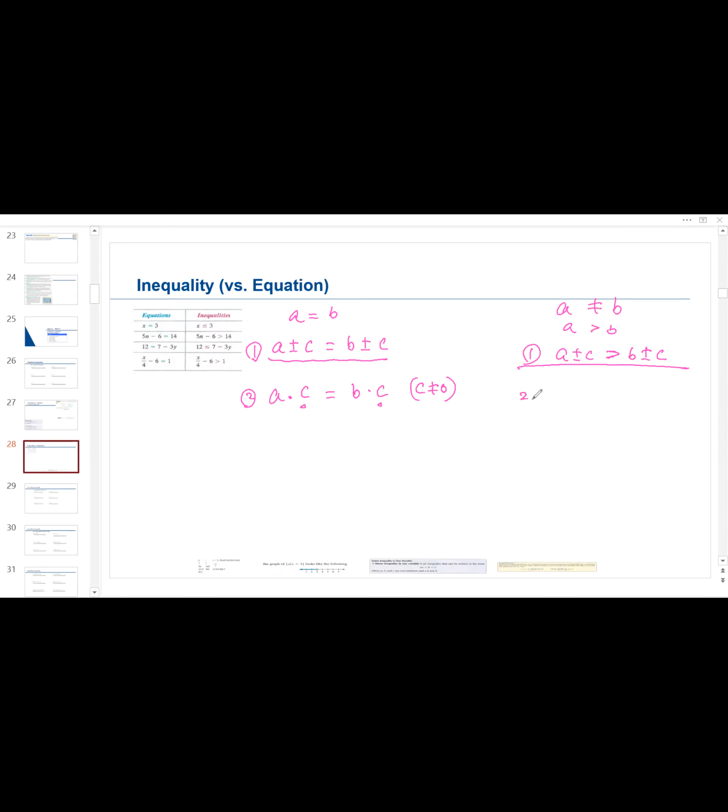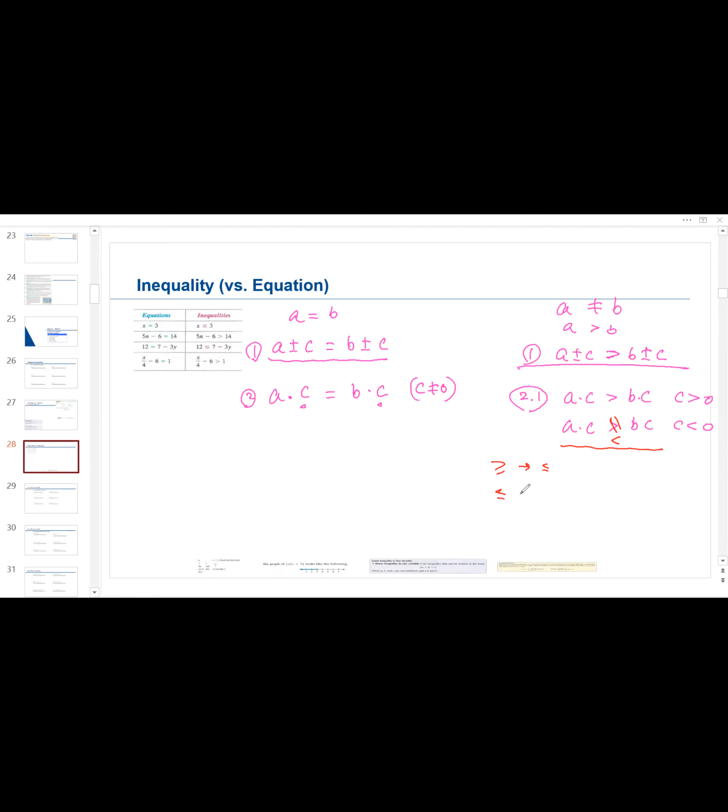But when times or divides, we need to break it into 2. When C is a positive number, they're still the same. When C is a negative number, this one needs to change direction, change it to the opposite one. When they greater or equal, you need to change to less than or equal.